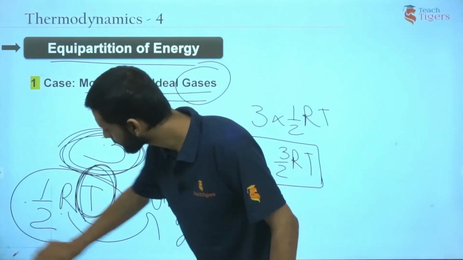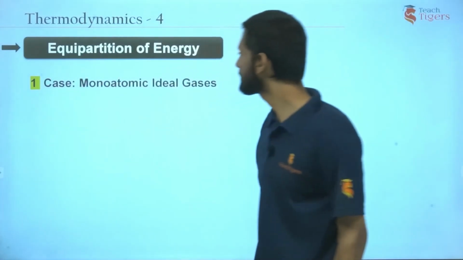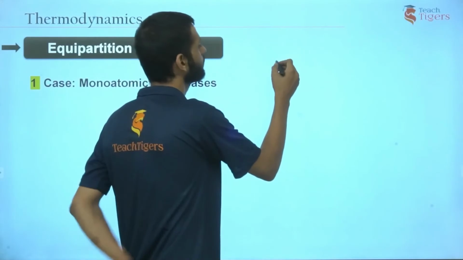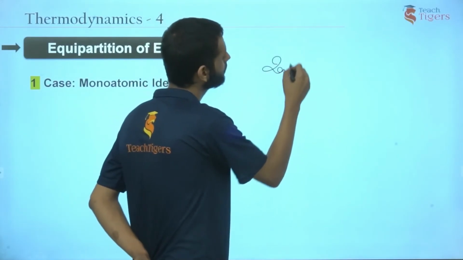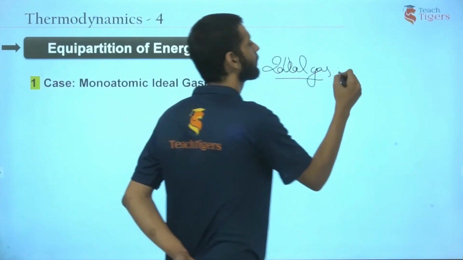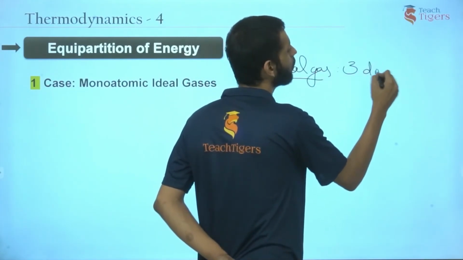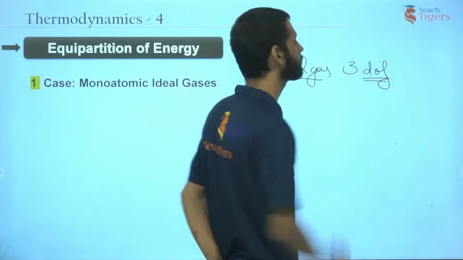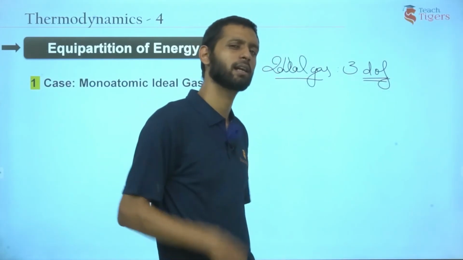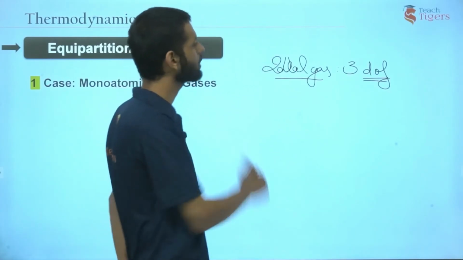I'll just write it cleanly so that you can note it down. Ideal gas, 3 degrees of freedom. Where can it go? It can go in X direction, it can go in Y direction, it can go in Z direction. 3 degrees of freedom.